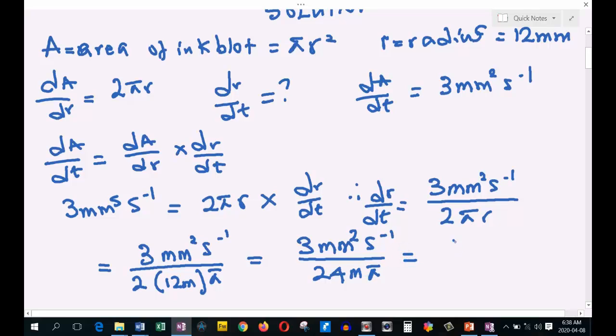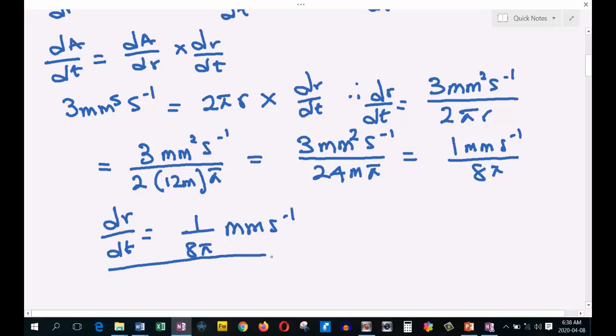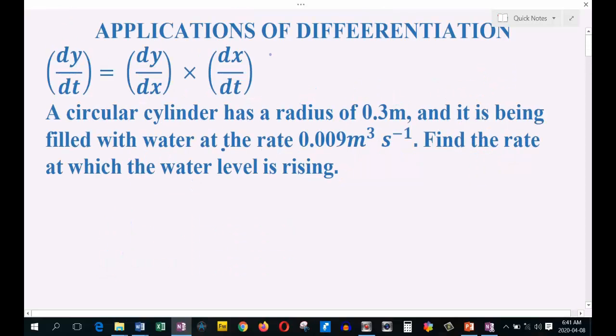This will give us 1 millimeter per second over 8 pi. So the rate at which our radius is increasing is equal to 1 over 8 pi millimeter per second. This is our answer.